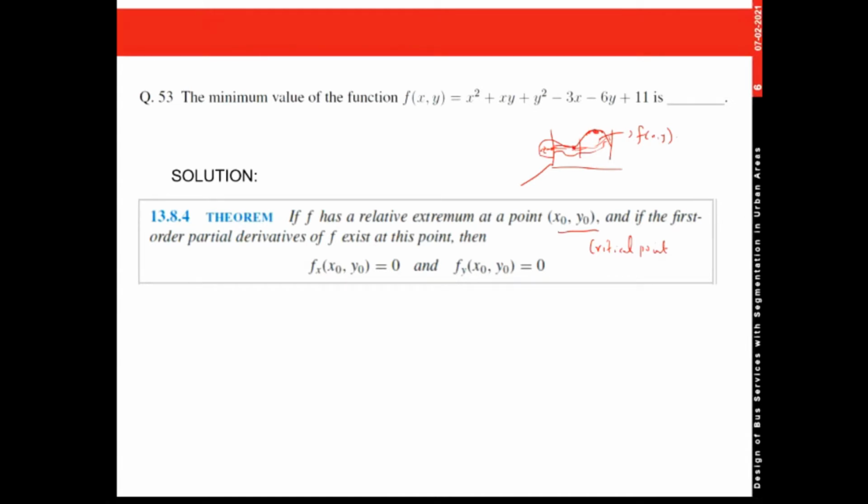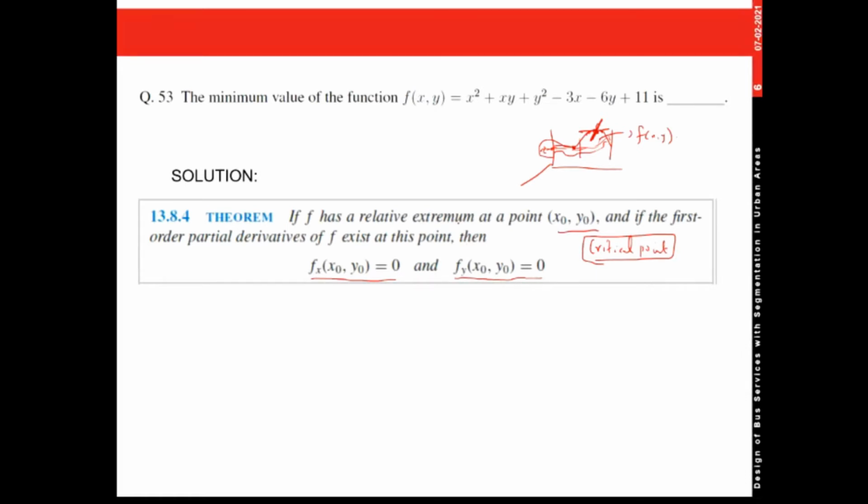At this point, if you take the partial derivative with respect to x, then that must be parallel to the x-axis, so the partial derivative must be equal to 0. And if you take the partial derivative with respect to y, then that partial derivative must also be equal to 0. Such points are called critical points, and the relative extremum always occurs on the critical point. That is the theorem.